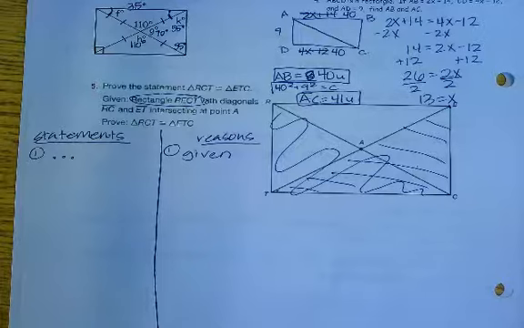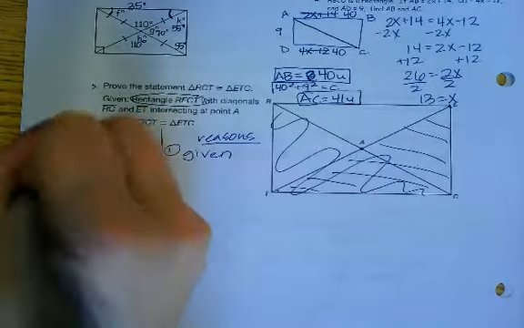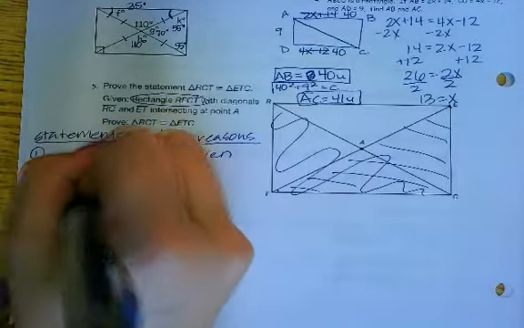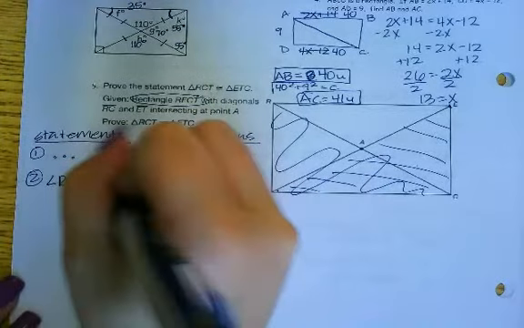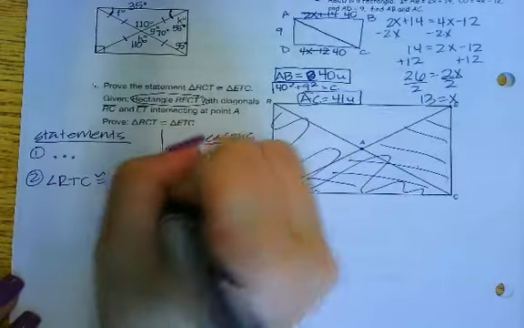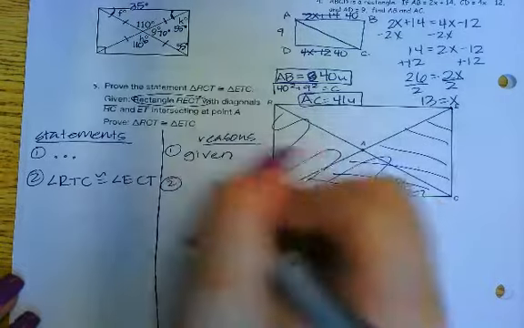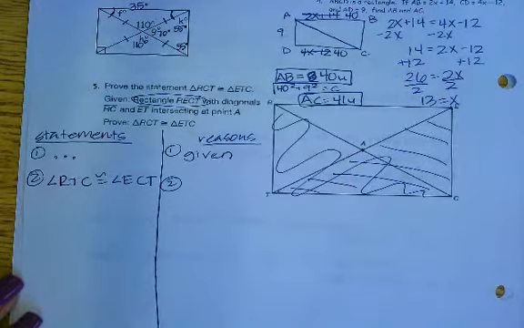RTC is congruent to TCE. Very good. Angle RTC is congruent to ECT. Why is that? Before you can say that, though, how do you know that those are right angles?